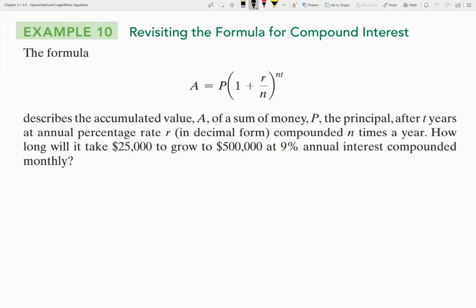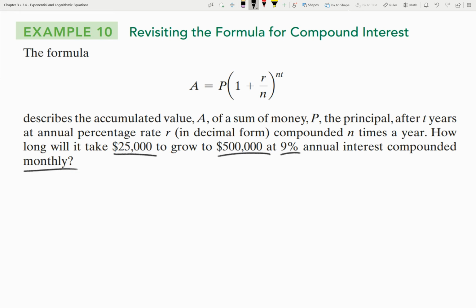A happier question, I guess, is compound interest, because now we're talking about how you get your money to grow. We know the formula: A is equal to principal times 1 plus the rate over the number of compoundings, to the nt power. T is time. The question here is, how long will it take $25,000 to grow to $500,000 at 9% compounded monthly?